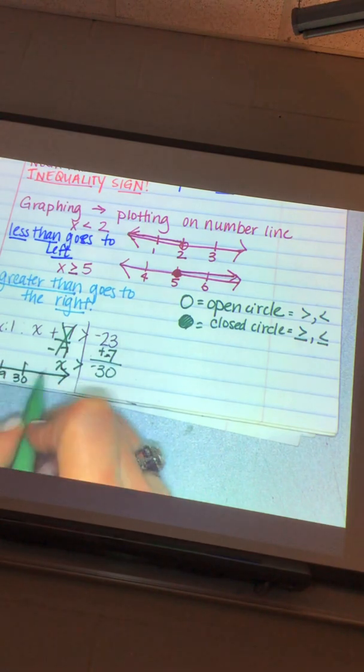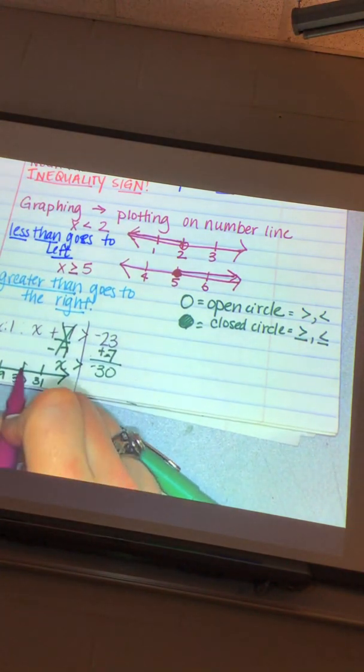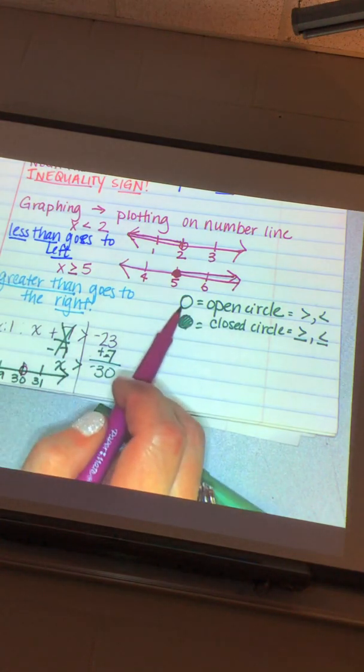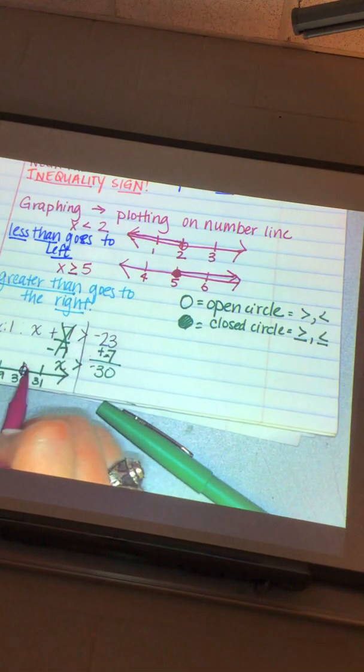Okay, so how would we graph that? We're going to make a circle at negative 30, and it's going to be open because it doesn't have the line under it. It's not greater than or equal to, and it is greater than, so we're going to go this direction, and there you go.